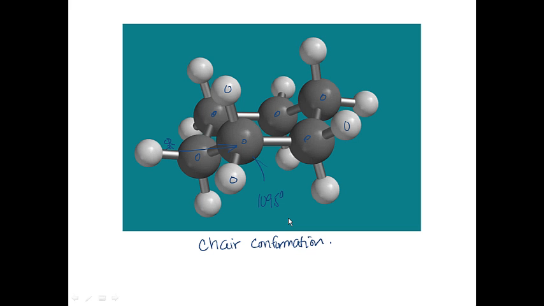Now notice for all of the rings that there are positions above the ring and there are positions below the ring. So we're going to have cis-trans isomerism possible for all of these cycloalkane rings.